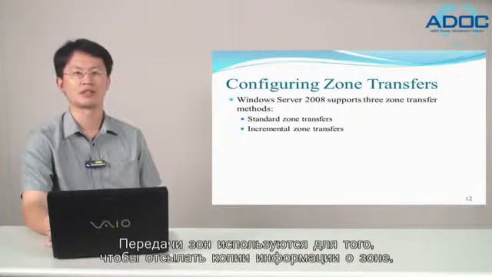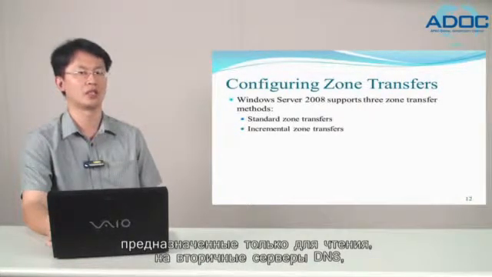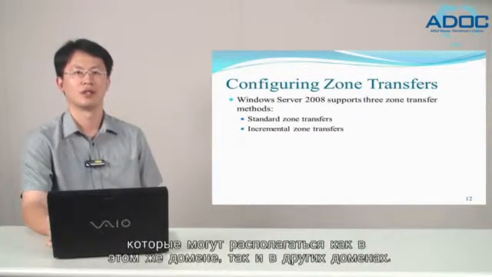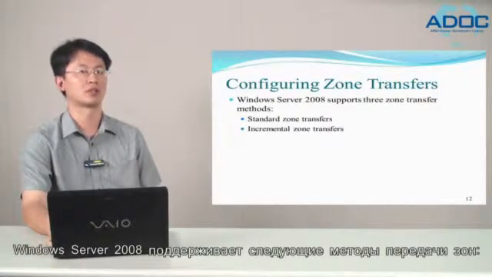Zone transfers are used to send read-only copies of zone information to secondary DNS servers, which can be located in the same domain or in other domains. Windows Server 2008 supports two zone transfer methods.